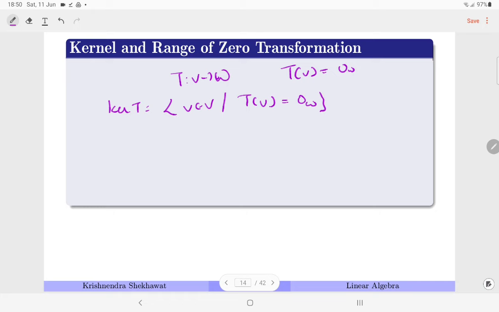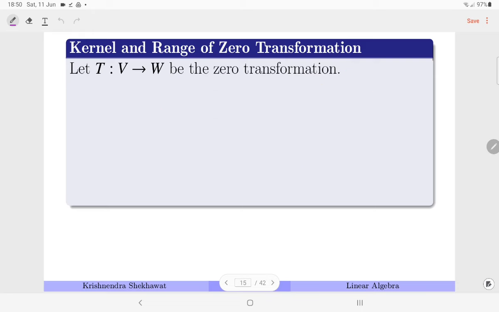Now, for the zero transformation, the image of all the vectors is the 0 vector, and therefore the kernel T is capital V. The range T is T of v such that v belongs to capital V. So, now T of v is the 0 vector, it is already given, and therefore the range T is the 0 vector.